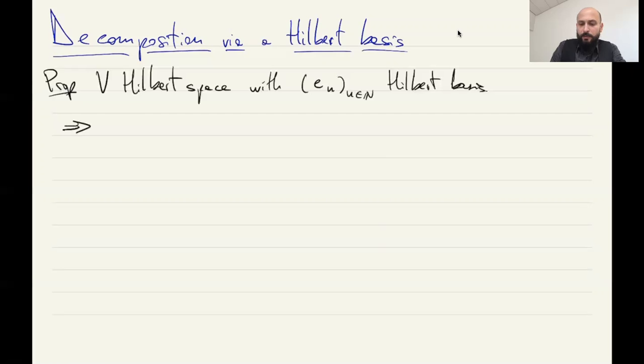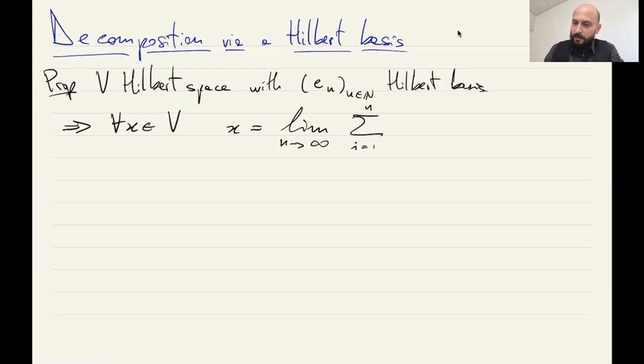Then what we are going to prove is that for any element x in the space, x is the limit as n goes to infinity of the sums from 1 to n of the scalar product between x and e_i times e_i.